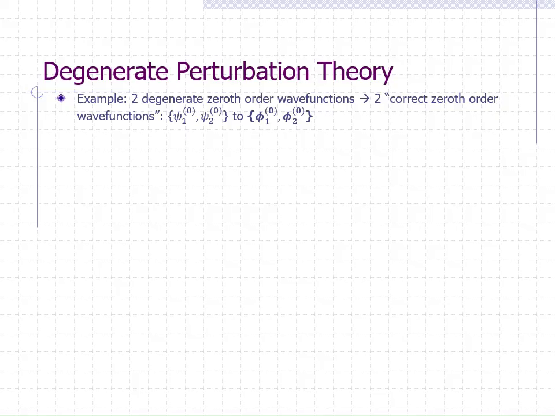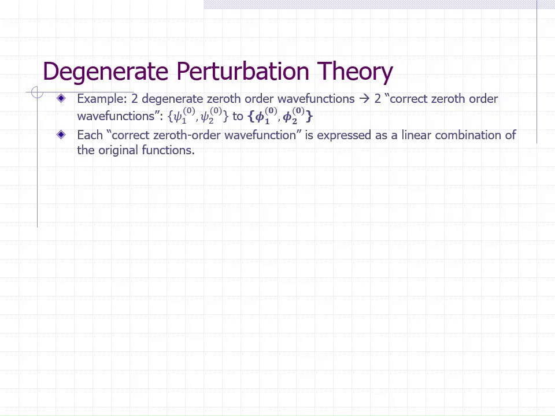Each of these correct wave functions is written as a linear combination of the original degenerate functions. So phi sub 1 is expressed as c sub 1 psi sub 1 naught plus c sub 2 psi sub 2 naught. We get a similar expression for phi sub 2, but with different values for c sub 1 and c sub 2. Our task is to determine the coefficients in these linear combinations.